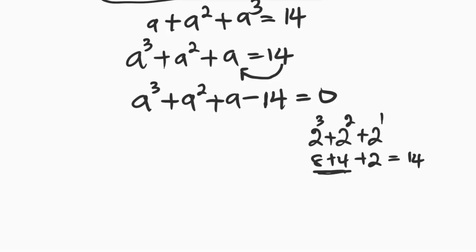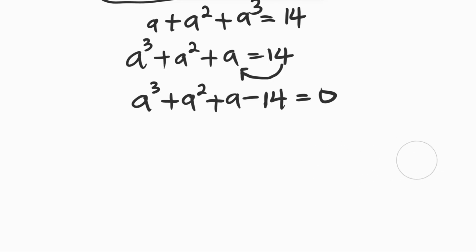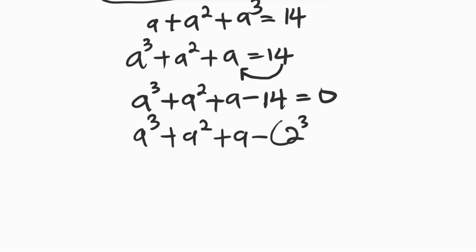Okay, so we're going to use those numbers. So we have a raised to the power 3 plus a raised to the power 2 plus a minus, in brackets, 2 raised to the power 3 plus 2 raised to the power 2 plus 2 equals 0.